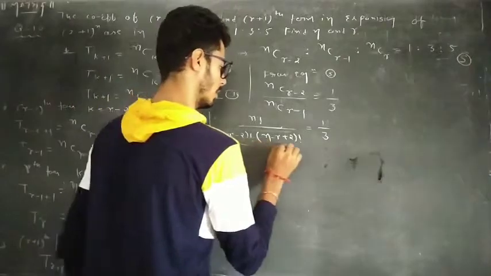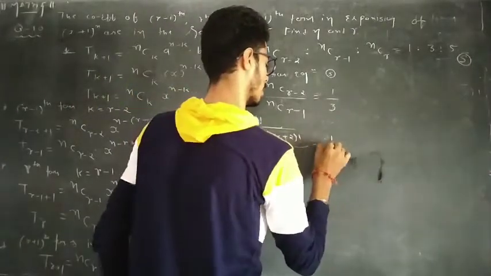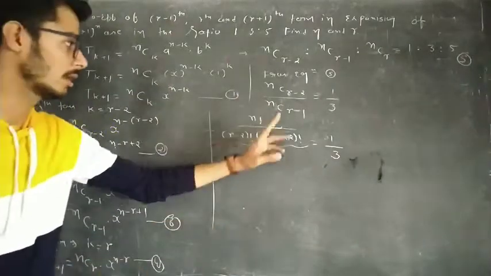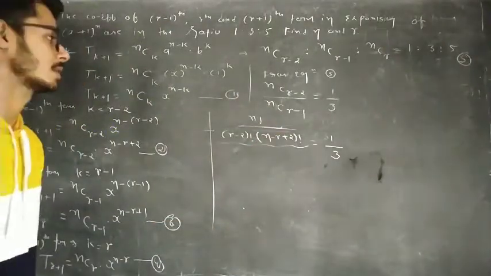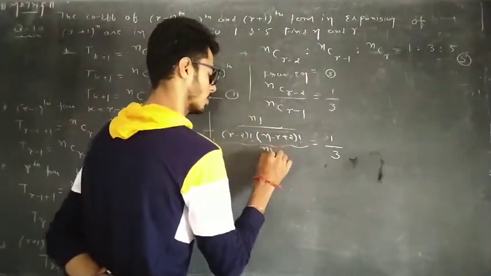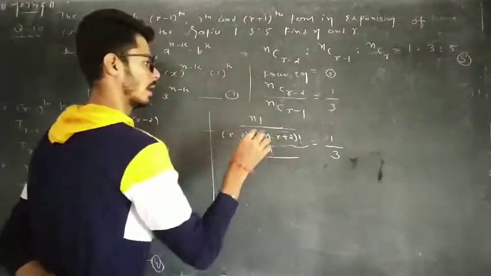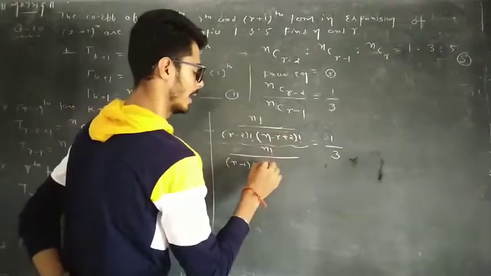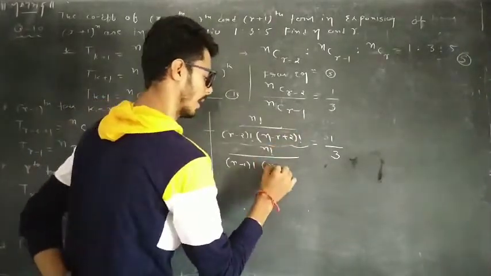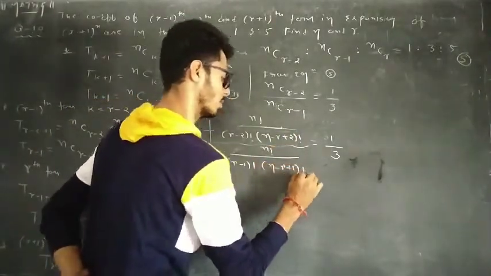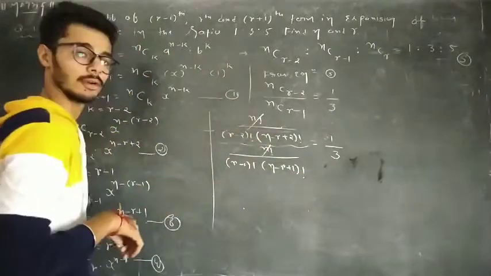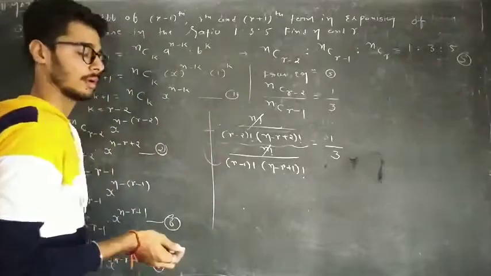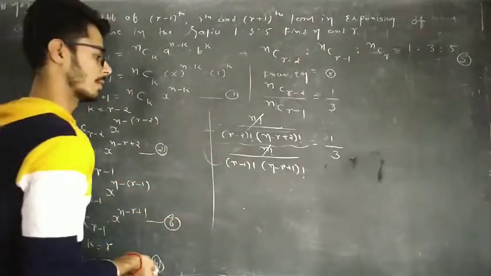equal to 1/3, upon, for nC(r minus 1), n factorial upon (r minus 1) factorial and (n minus r plus 1) factorial. So n factorial cancels out, and the denominator terms go to the numerator.